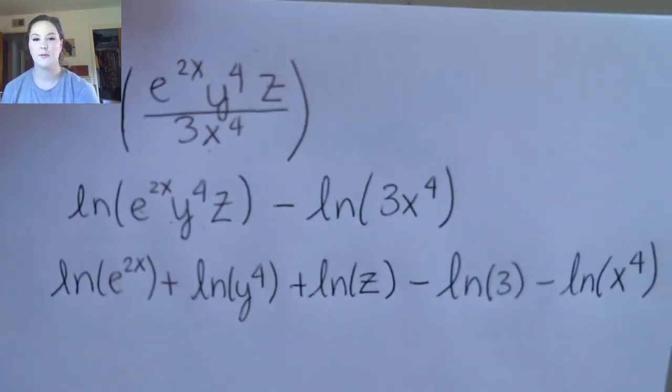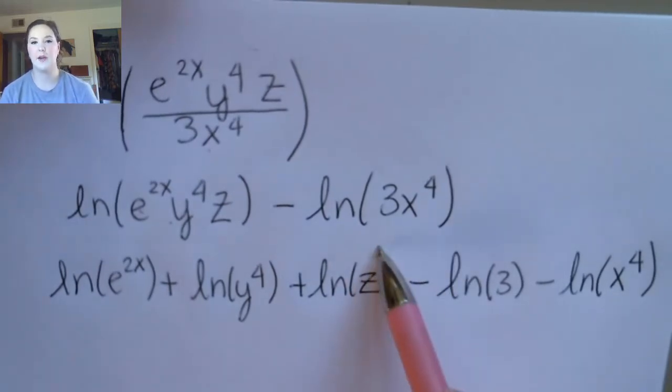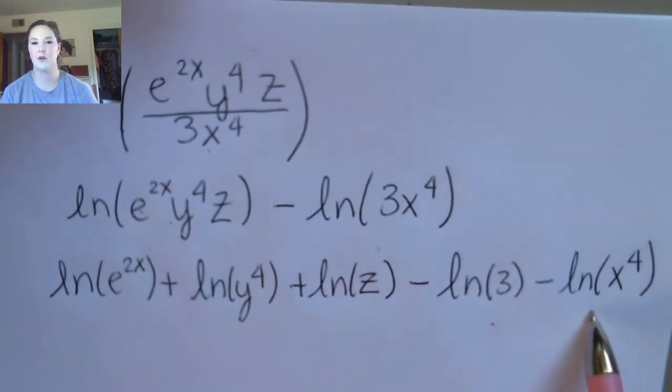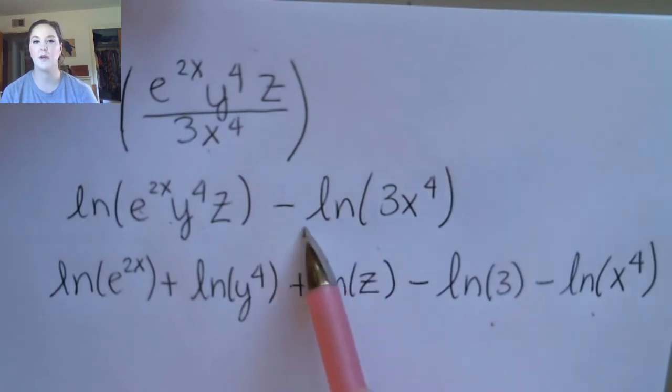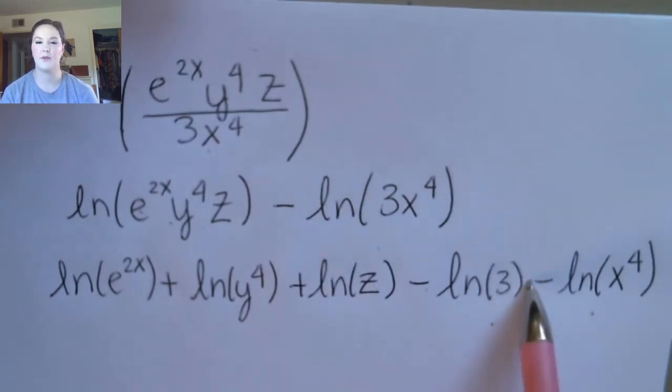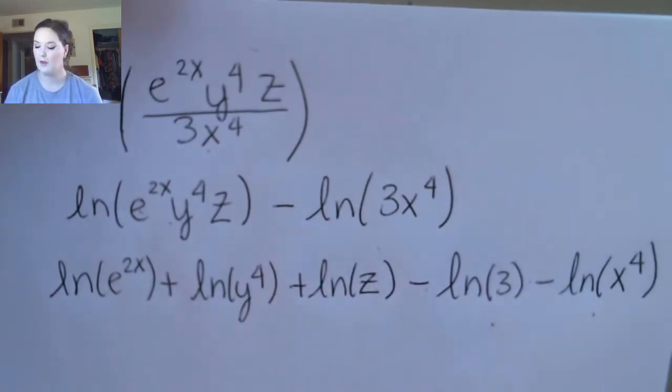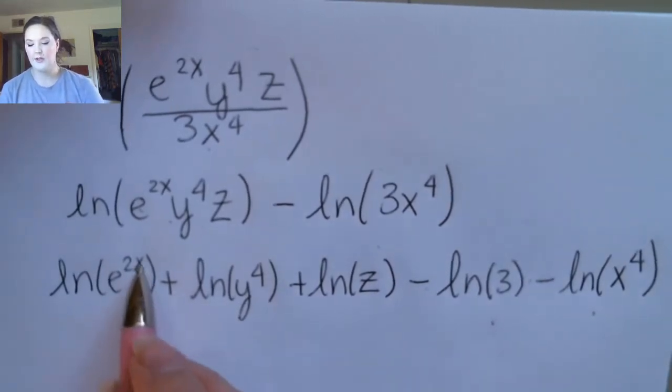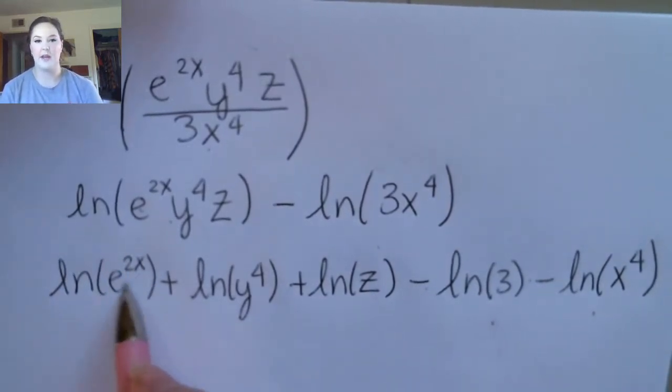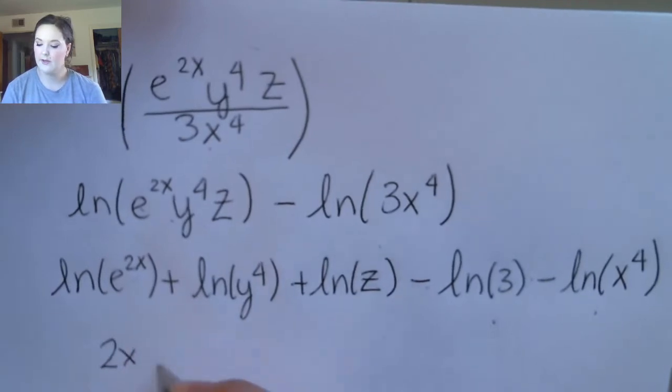Okay, I just wanted to point out that because both of these terms are coming from this original term, they both have this negative coefficient. Okay, all right. Now we're going to actually evaluate this, right? Because we can evaluate this by hand. This is 2x.